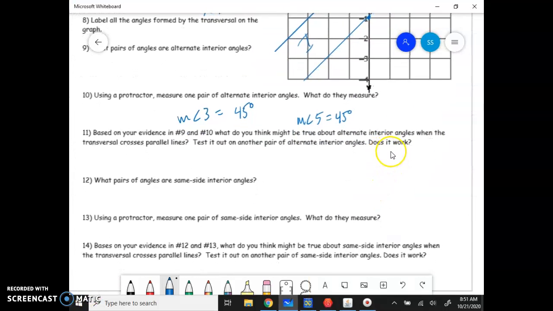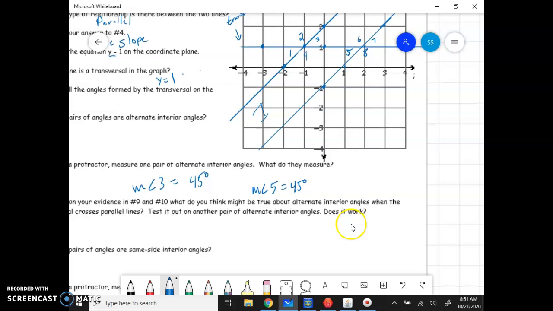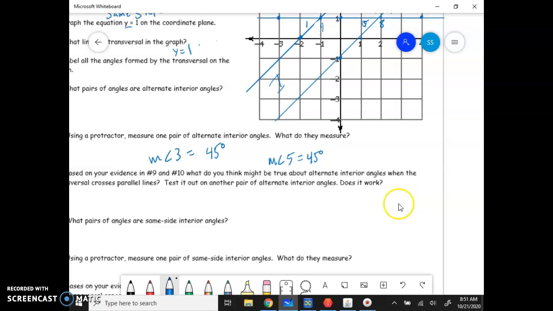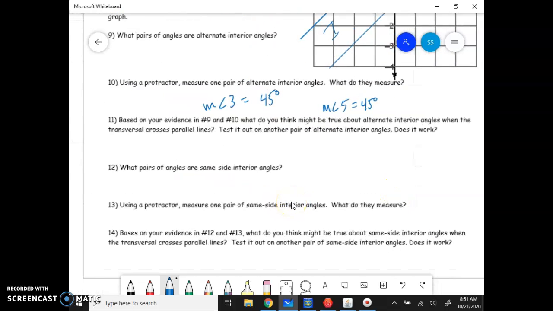All right, number 12. What pairs of angles are same side interior angles? Again, this is the interior, so same side would be like 4 and 5 or 3 and 6. How about we just go with 4 and angle 5.